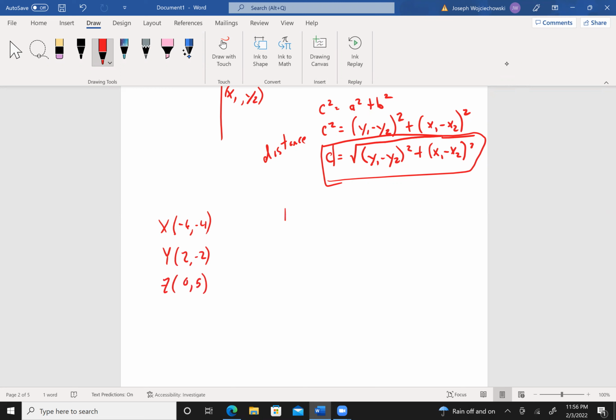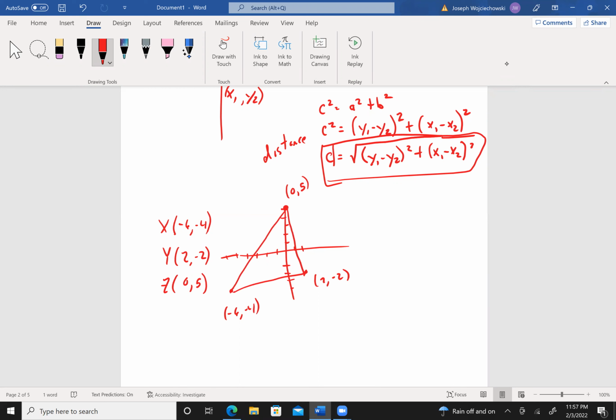So drawing this: 1, 3, 4, 5, 6, (-6, -4), (2, -2), and (0, 5). That's our triangle. Now what we want to know is, does this make a right triangle?